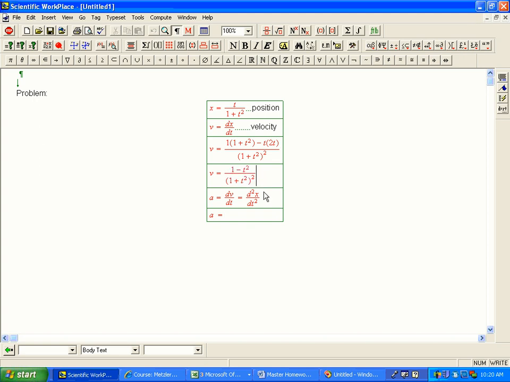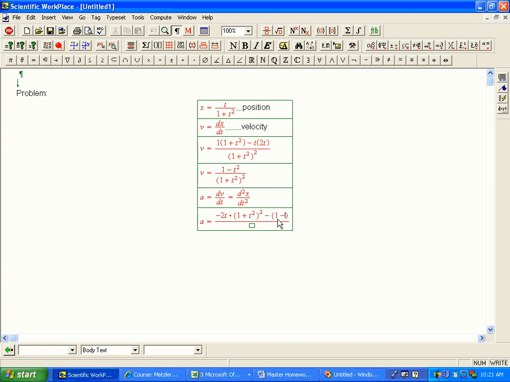We're going to use the quotient rule again, and we want to be real careful, because when you're doing a second derivative with a quotient rule, there's always a simplification that you want to take advantage of. Derivative of the top is minus 2t times the bottom left alone. Just kidding, getting ahead of myself. So that's the derivative of the top times the bottom left alone, minus.